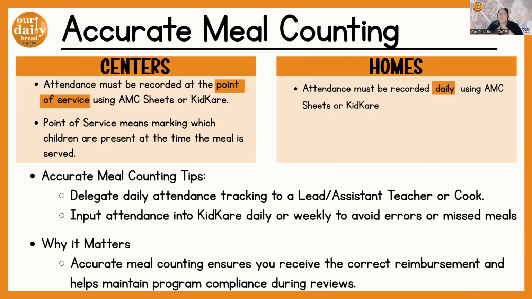So homes can wait until the end of the day to input that data or log that data on their papers. Just some tips: if you're able to, delegate that attendance tracking to your cook or a lead or assistant teacher, and input that attendance into KidCare daily or weekly to avoid errors or missed meals.